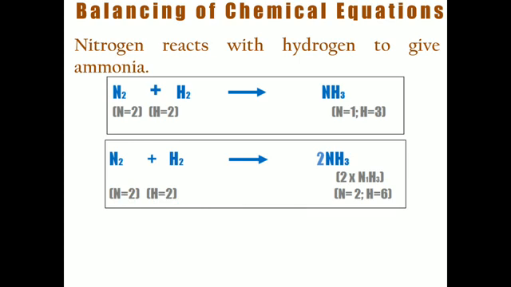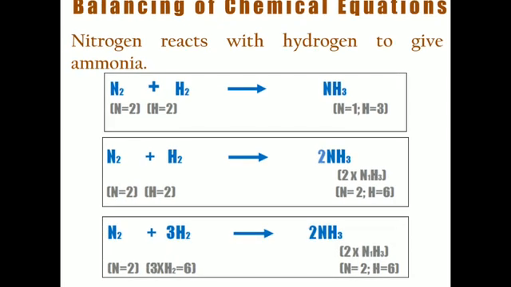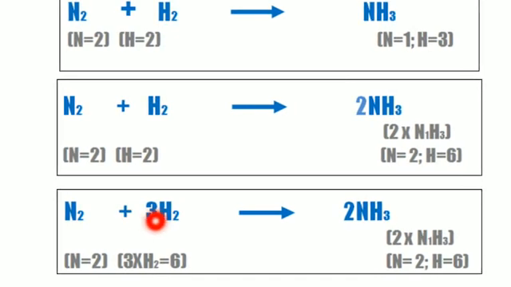So what do we have to do? We have to go with the next step. Right now, if we compare, you can see that nitrogen is 2 here and nitrogen is also 2 there. So nitrogen is balanced but only the hydrogen problem is there. So in the next step we are going to add 3 in front of hydrogen. This is the third step. By simply writing 3, this 3 is going to multiply with this 2.